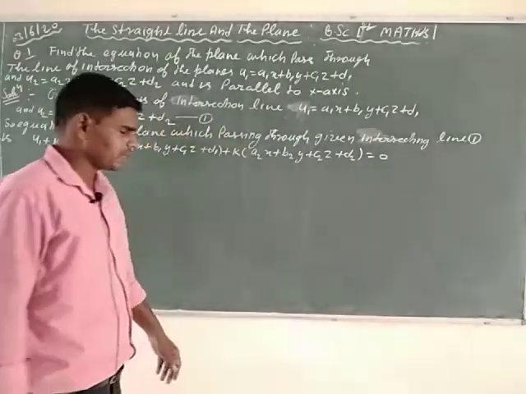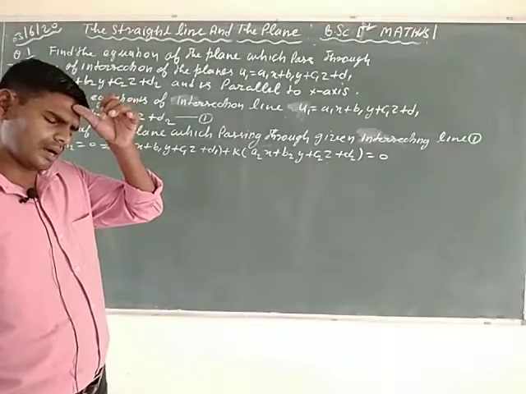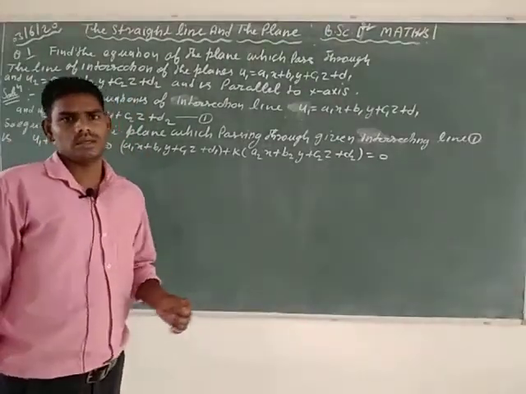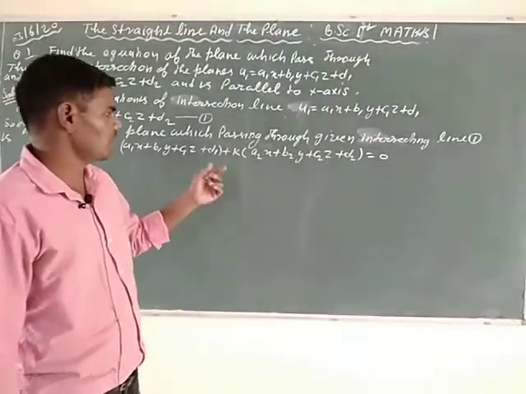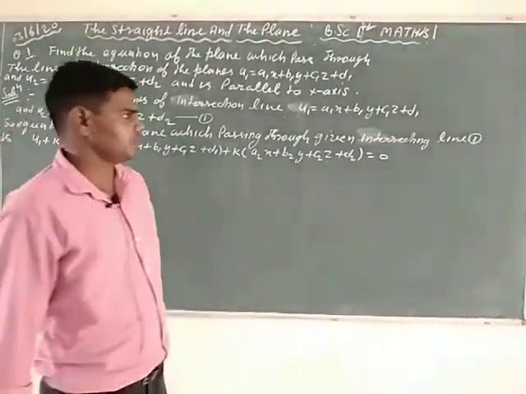Simplifying this equation, take all terms of x in one bracket, all terms of y in a second bracket, all terms of z in a third bracket, and finally all constants.